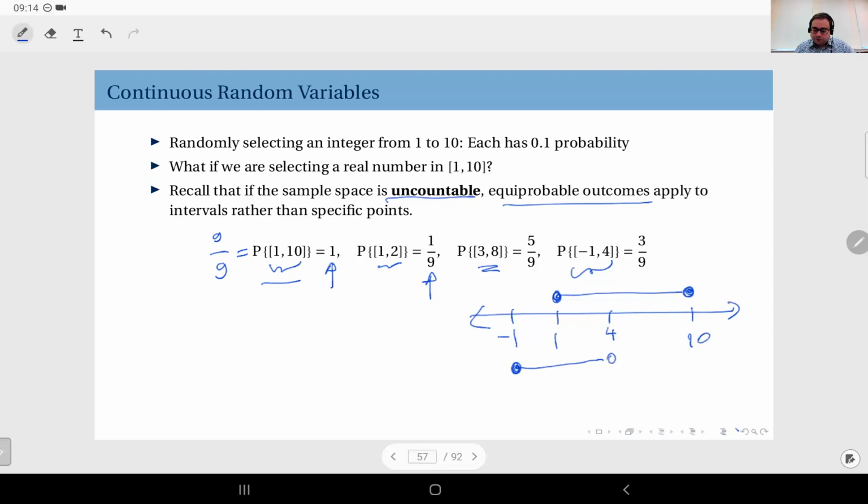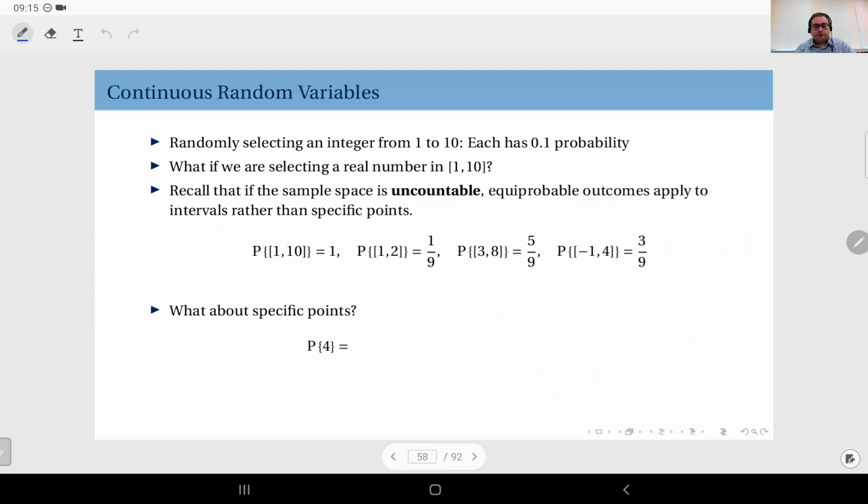This is the interval. And you see there is an overlap here, but this part is not in the sample space. So the outcomes will not be in this part of this interval. So actually, it reduces to this interval here from 1 to 4, and therefore the probability of the outcome being in this interval will be equal to 3/9 because the length of this interval is 3.